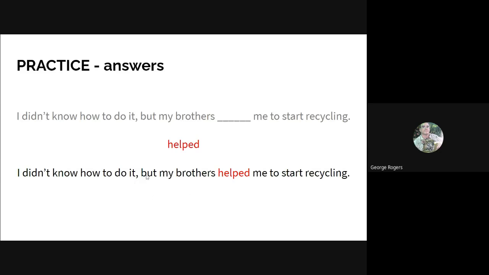The other three were eliminated because of the "to" there. My brother got me to start recycling. I guess that's possible. But "help," I think, goes as that helped me to start recycling. Because this person said, I didn't know how. So that's why the brother helped with it.